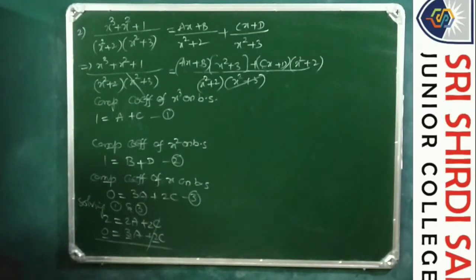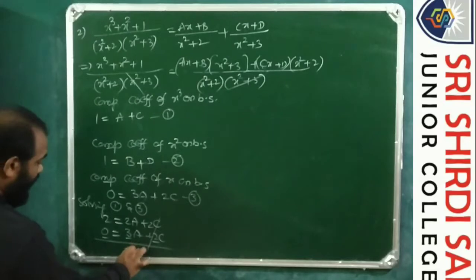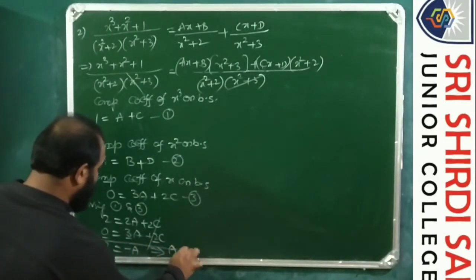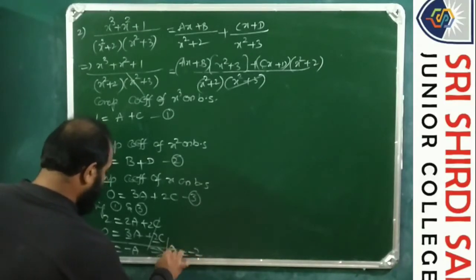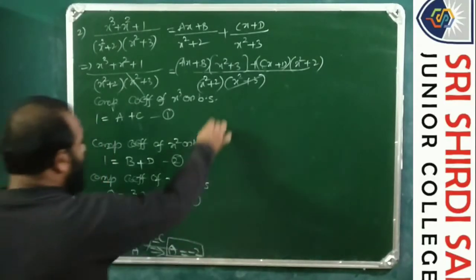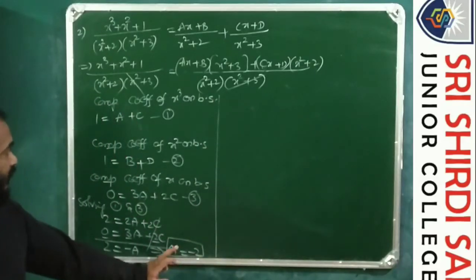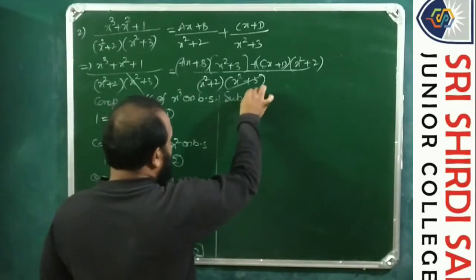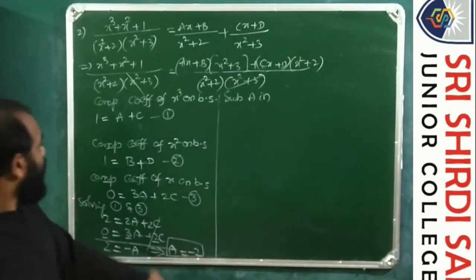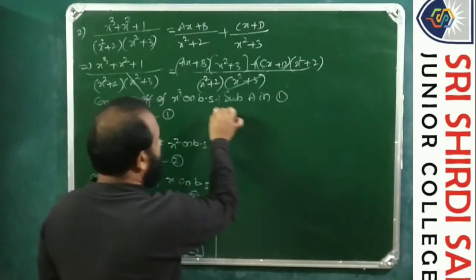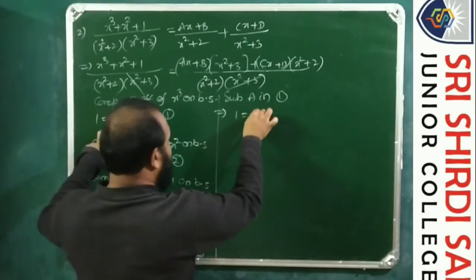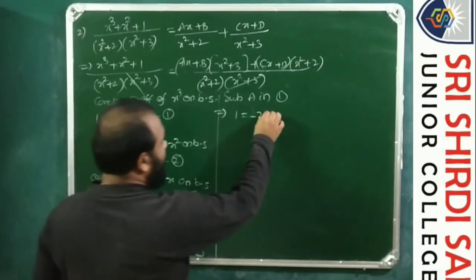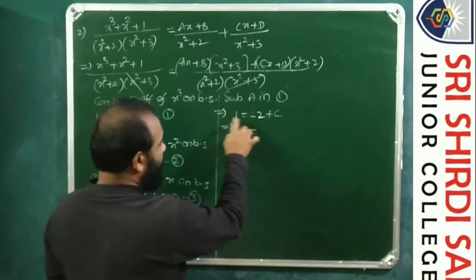So these two get cancelled. 2a minus 3a is minus a, equal to 2. From this a is equal to minus 2. So since we get the value of a, substitute this minus 2 in the first equation. 1 is equal to a value, which is minus 2, plus c. So from this c is equal to 1 plus 2, which is 3.